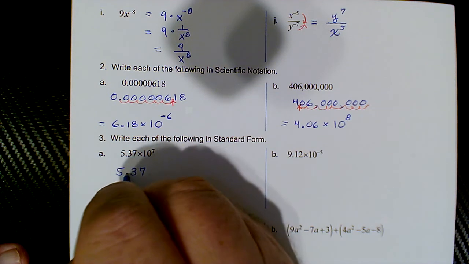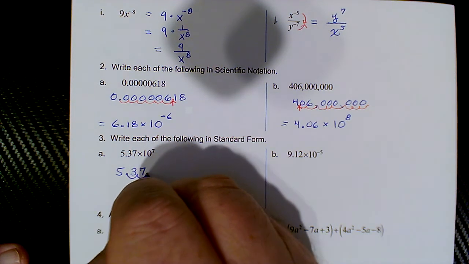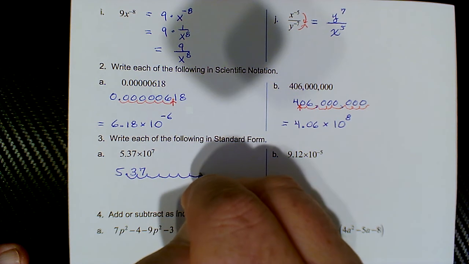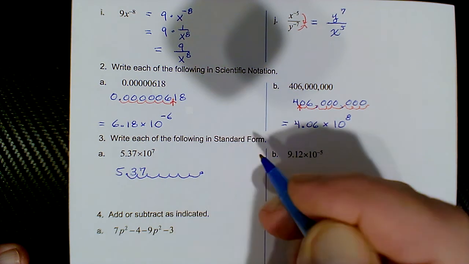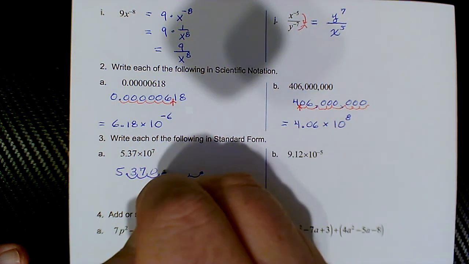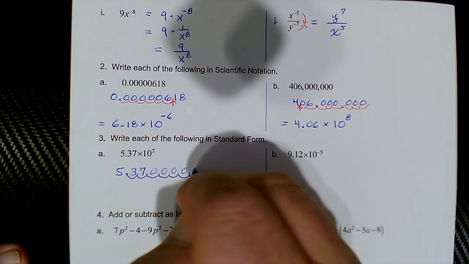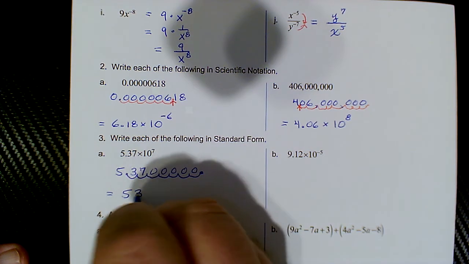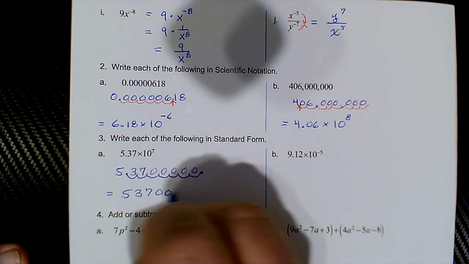So 1, 2, 3, 4, 5, 6, and 7. That's where you definitely need the loops, so you can put our little placeholders of zeros. And so then we get 5, 3, 7, 0, 0, 0, 0, 0.